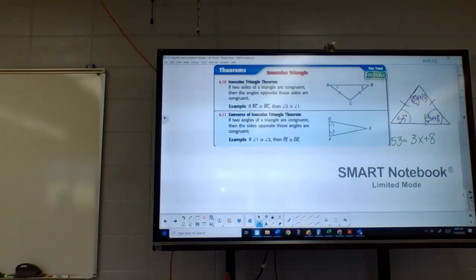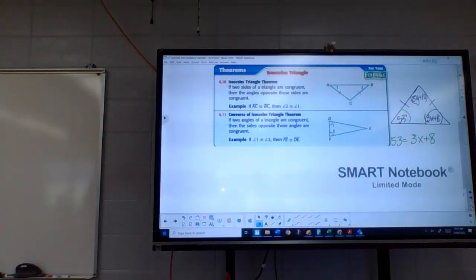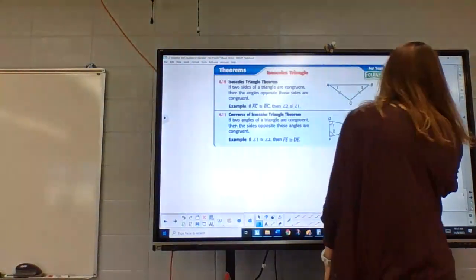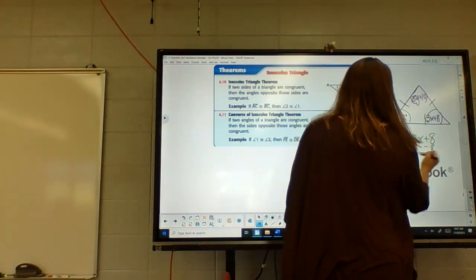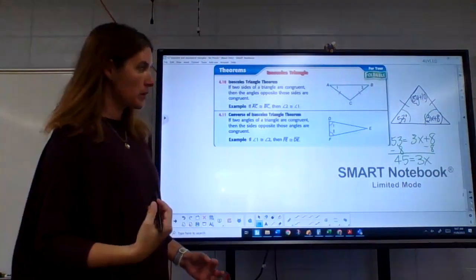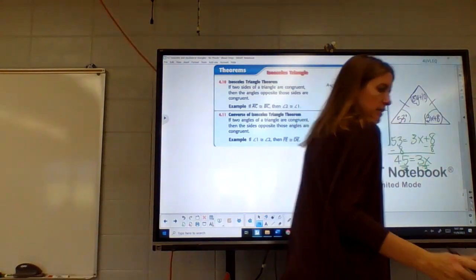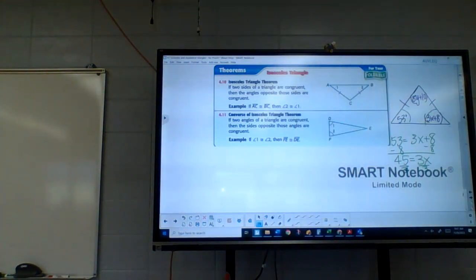That's what I was hoping by Sam pointing this way with his thumbs, that he was telling me that. So those two have to be the same. So we're going to move the 8 over. So 45 equals 3x. And then we're going to solve. So x is going to end up being 15.